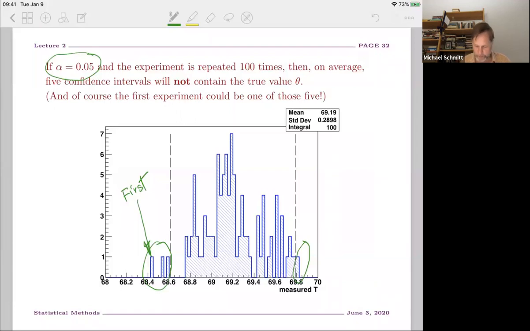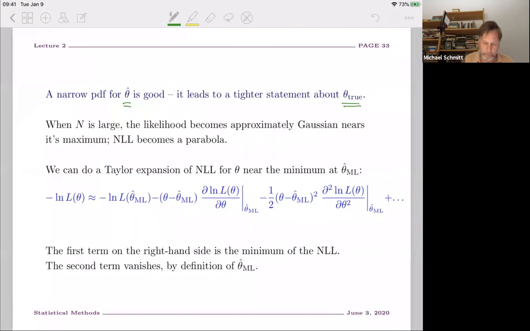So the true value is going to be between 68 and 70, something like that. If, however, this was much narrower and only constrained between 69 and 69.2, we'd have a better measurement and we'd make a more precise or a tighter statement about the true value of the temperature. Okay, so we want a PDF for theta hat to be narrow.